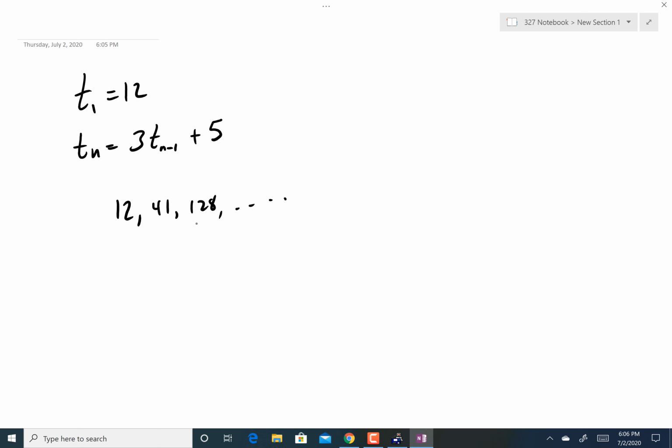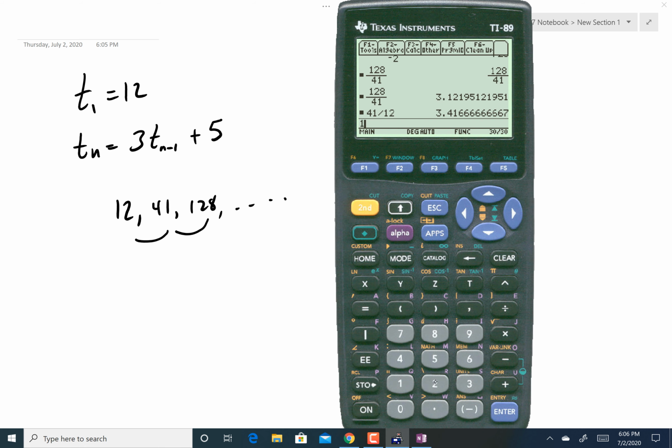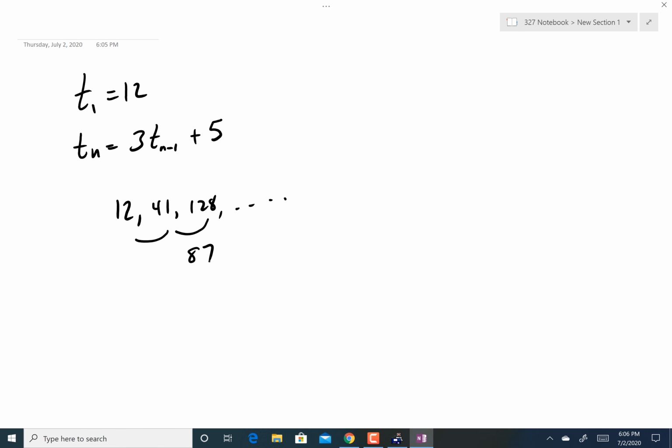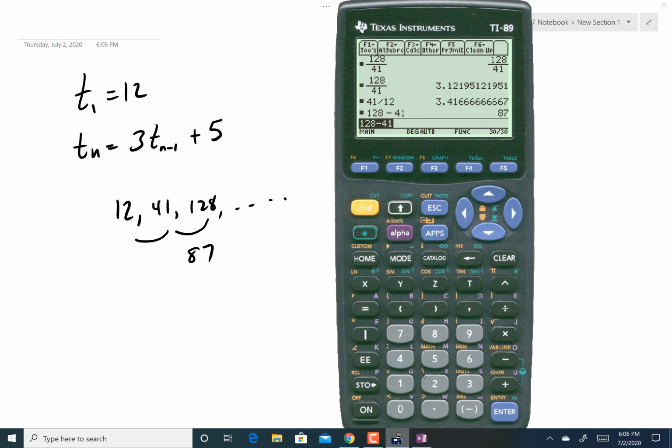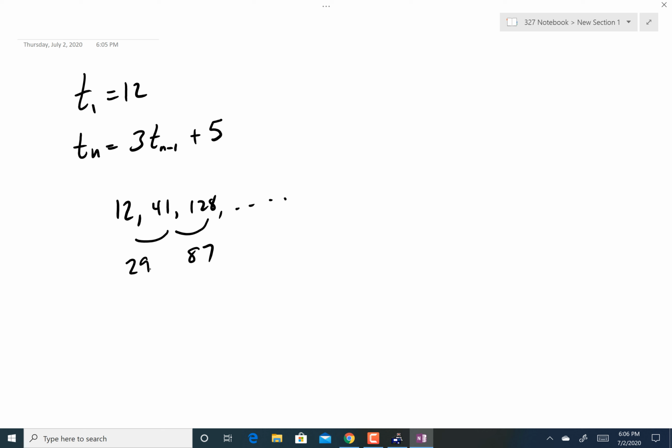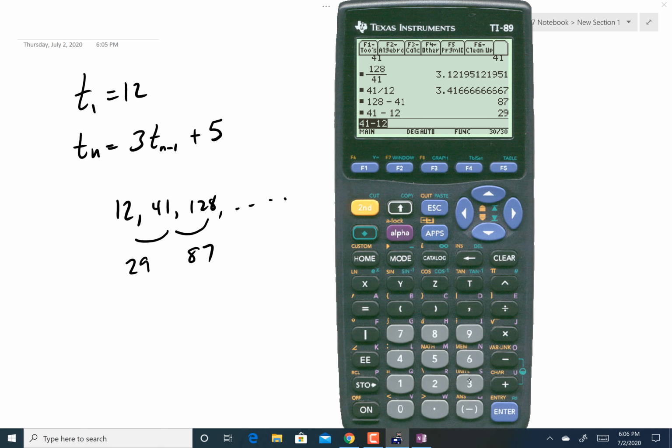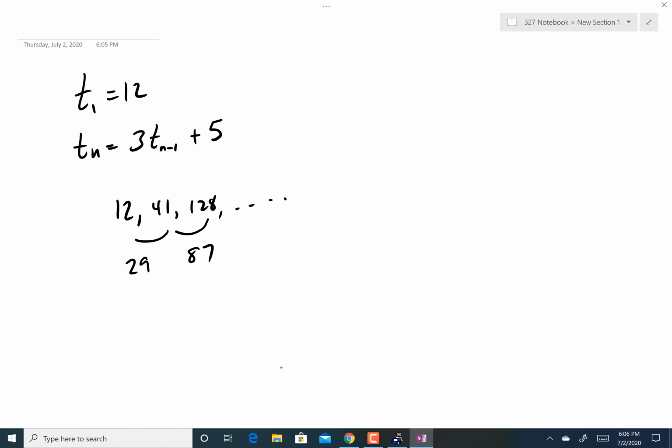So if I'm given this, what I like to do sometimes is subtract them and see what happens. Now, again, clearly it's not the same amount, but it might give us some idea of where to go. 29. Oh, wow. And of course, if I had the next one up the line, so 3 times 128 plus 5 is 389, minus 128 is 261.